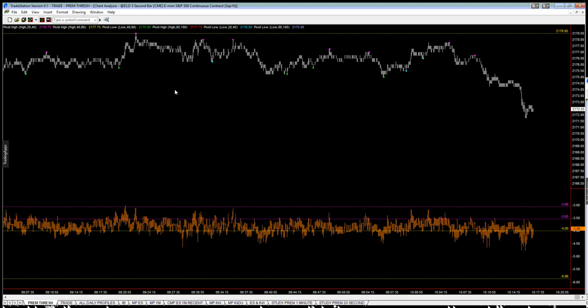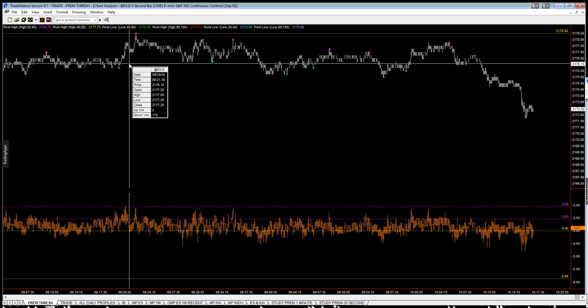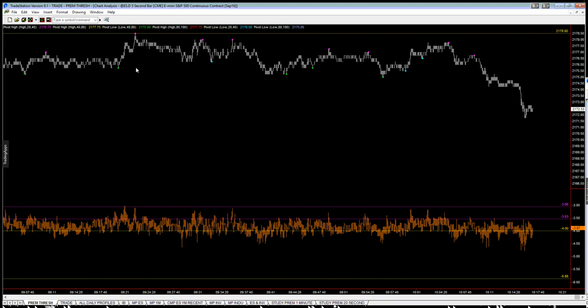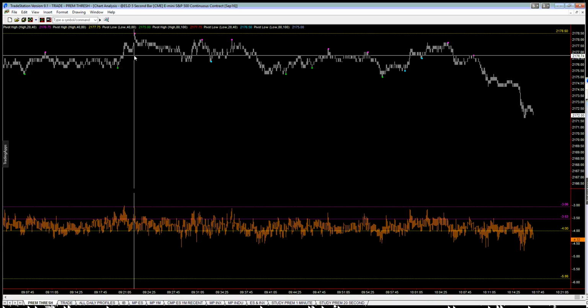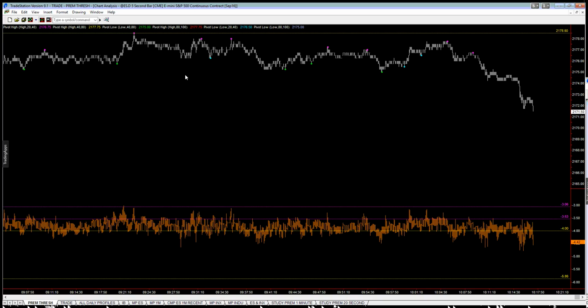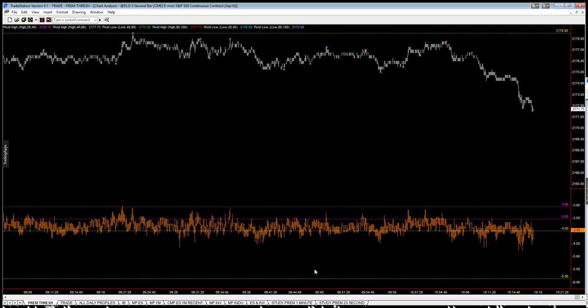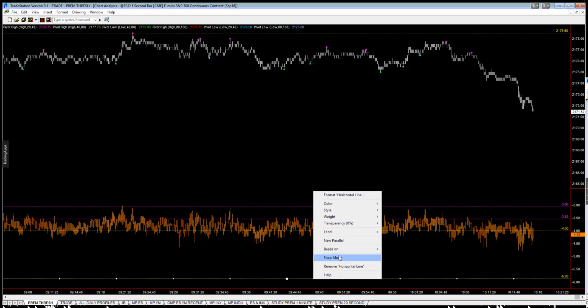Well, if you look at this high here, and we start to set the threshold from this point, being that we're getting lower lows, we could look at this low. In fact, let's just do this. I'm going to use a different colored line here so we don't get confused.